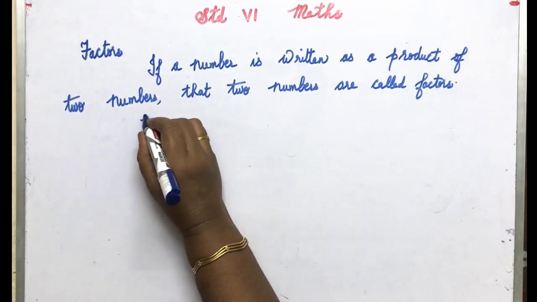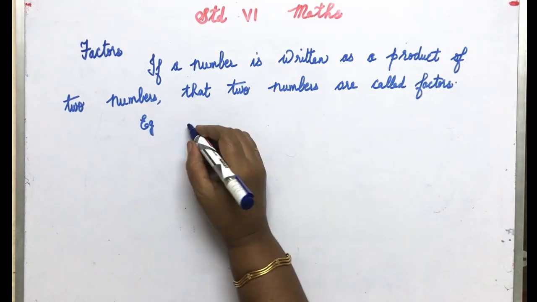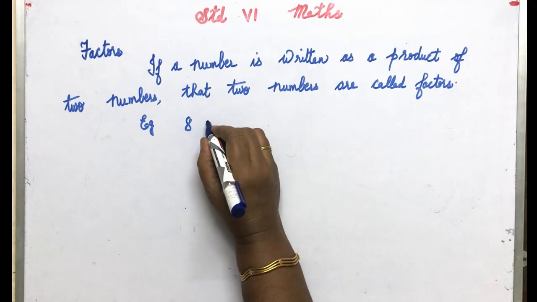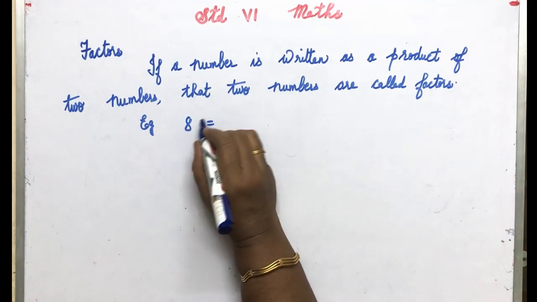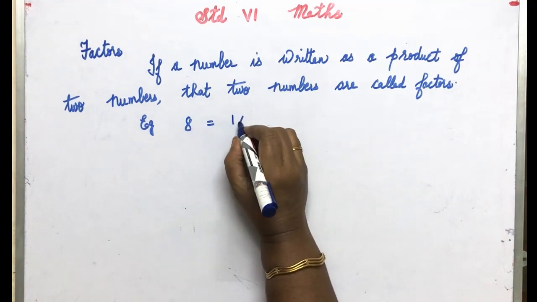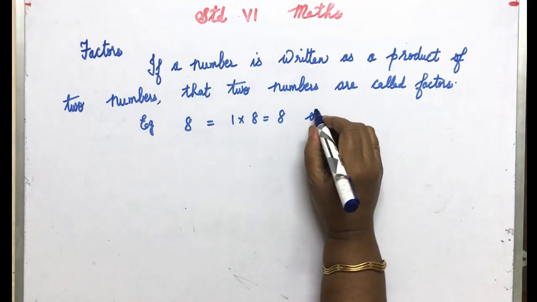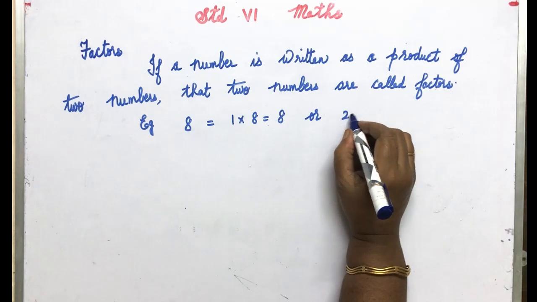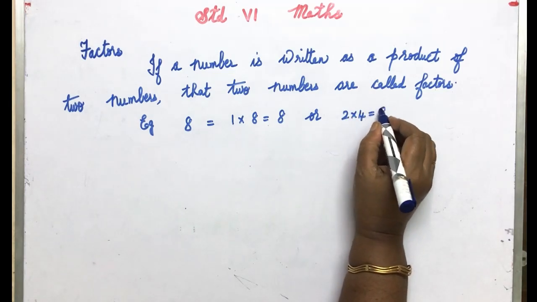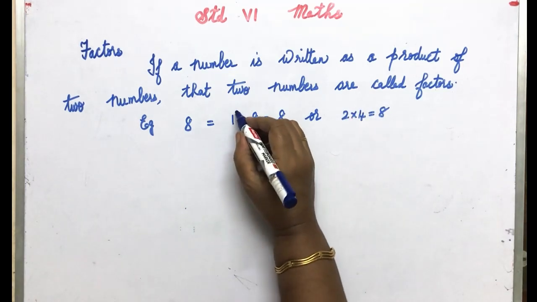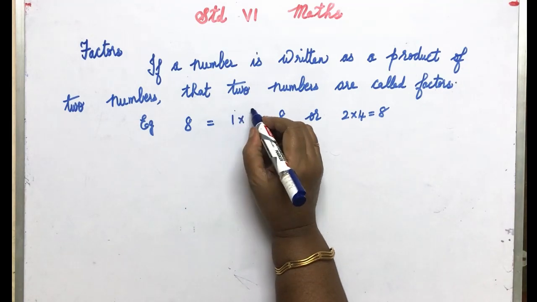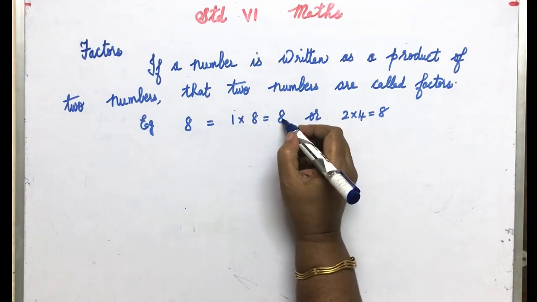For example, we will take the number 8. 8 can be written as the product of two numbers, like 1 into 8 is equal to 8, or we can write 2 4s are 8. So here we are multiplying two numbers, and the product we are getting is 8.